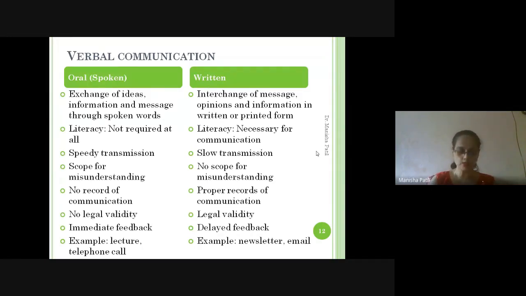So note down these points in two columns. Compare and contrast oral and written communication. There are 8 points.